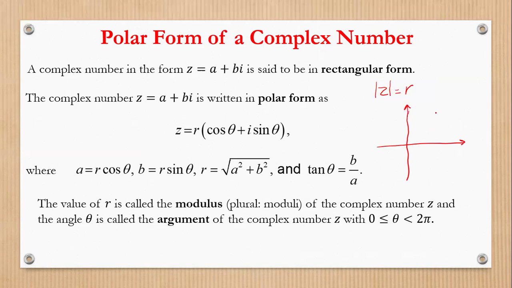So if I have a point z equal to a plus bi, the distance from this point to the origin is the absolute value of z, which is exactly r. And if we create a right triangle here, this is b, this is a, and theta is the angle created by this line and the x-axis.